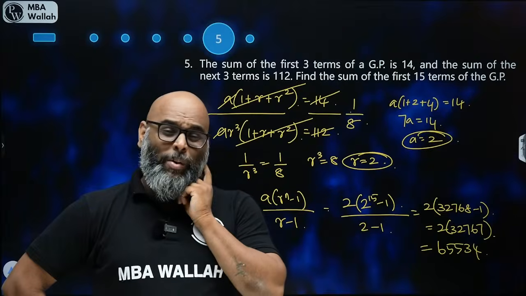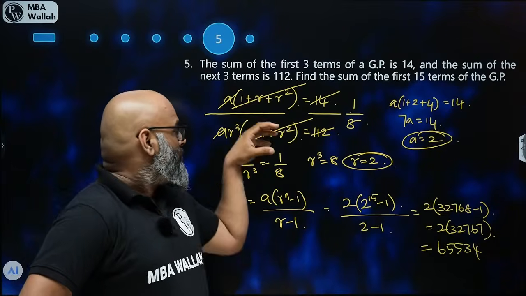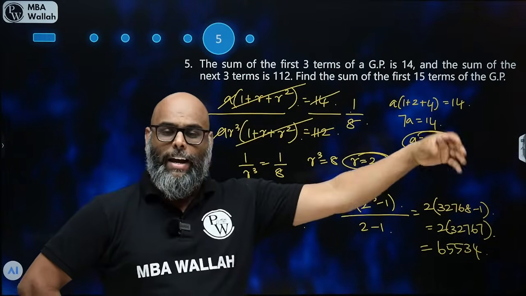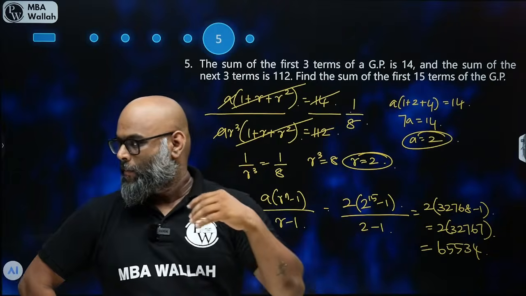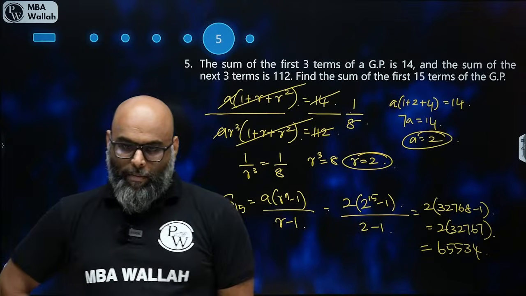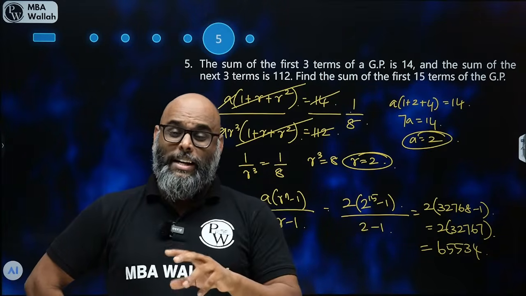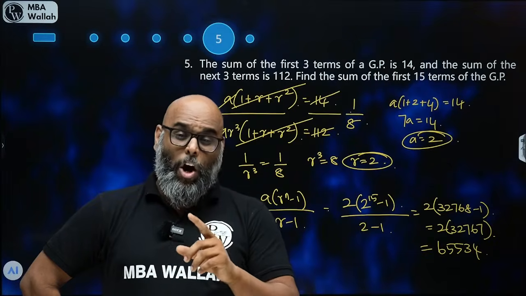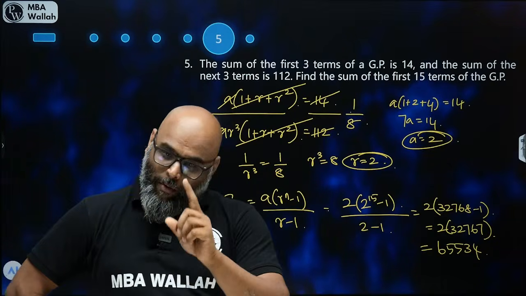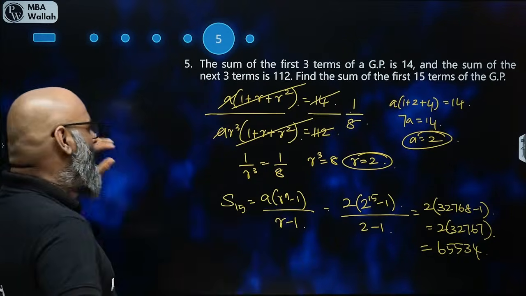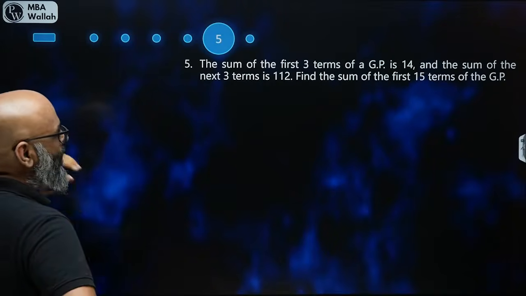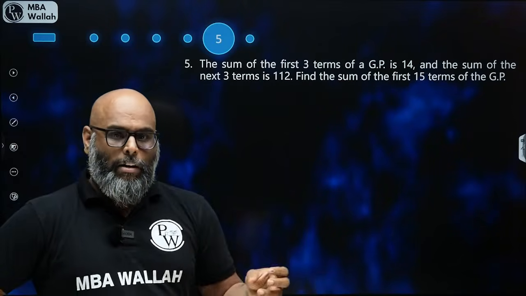This is the conventional way of applying it step by step, solving for A and R and then solving it, which will seem easy. But I'll show you one more way which will be a lot easier to solve, provided you know the logic. I'll show you the logic first. I'll give you an example and then we'll take it from there.